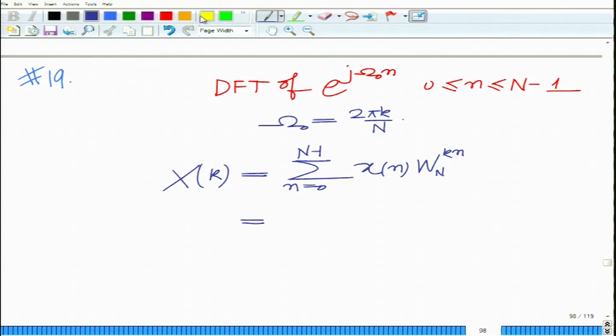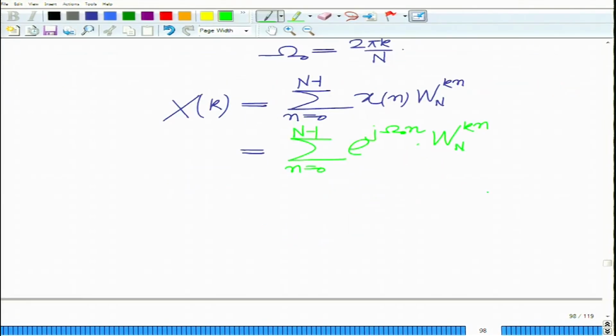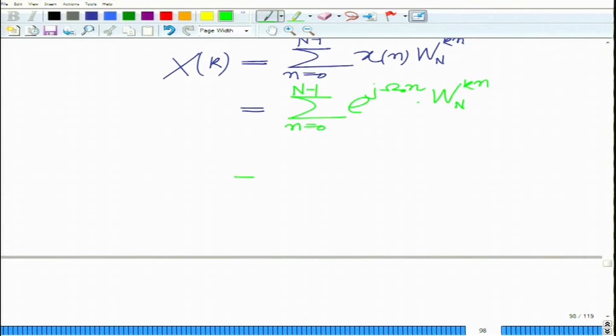to the kn, which is equal to the summation from n equal to 0 to N minus 1 of e raised to j omega naught n times W_N^(kn).